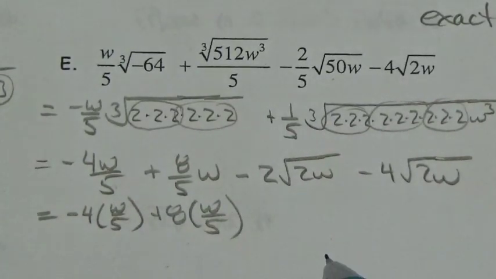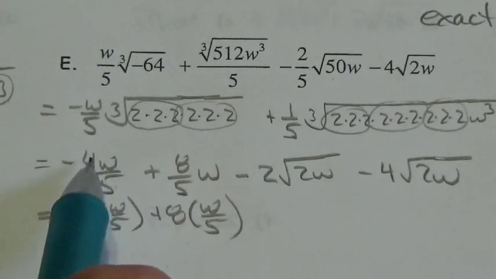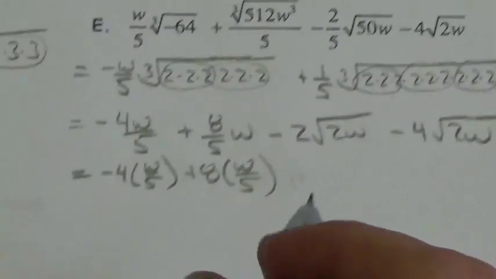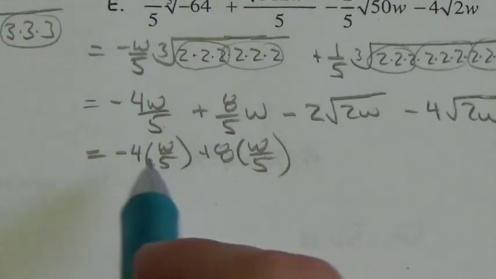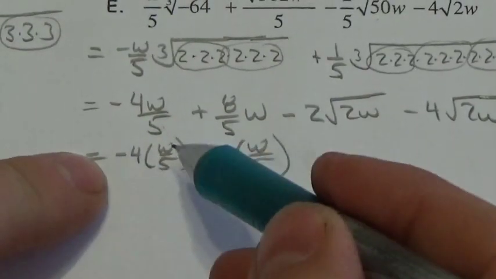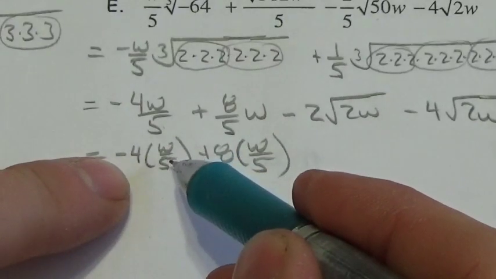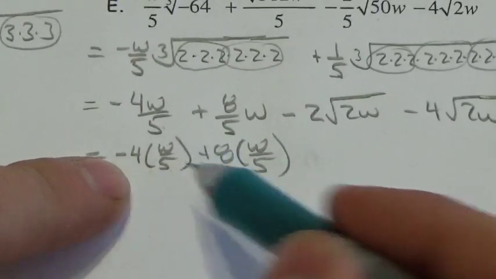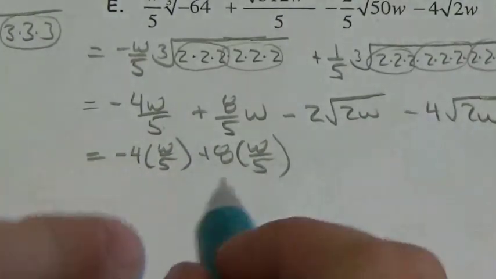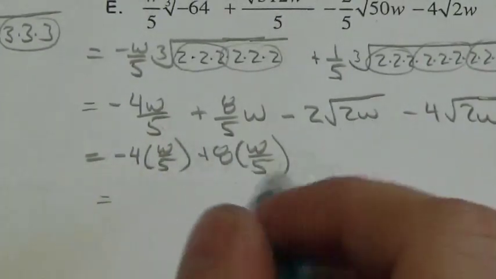And I am totally free to write it in that way here because these terms are all multiplied and divided together. Order isn't really an issue there, so I can write those however I want. So this is negative 4 fifths of w plus 8 fifths of w. How many fifths of w am I left with?